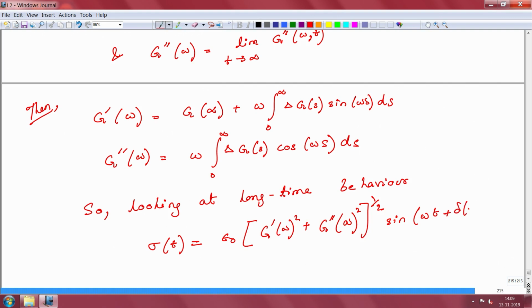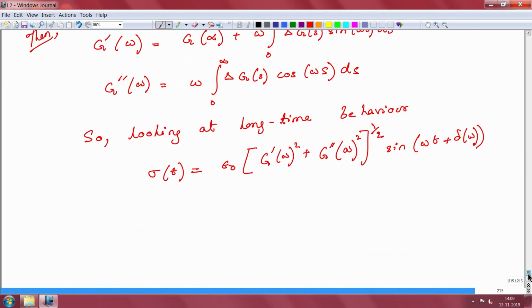Now, this phase shift becomes also only a function of omega, right, where the tangent of this is still given by the ratio of g double dash omega by g dash omega.